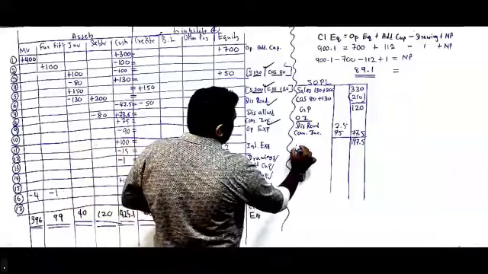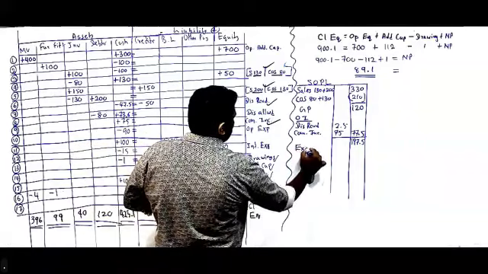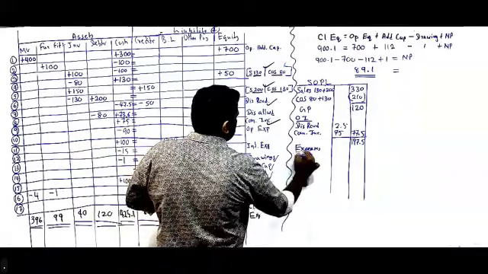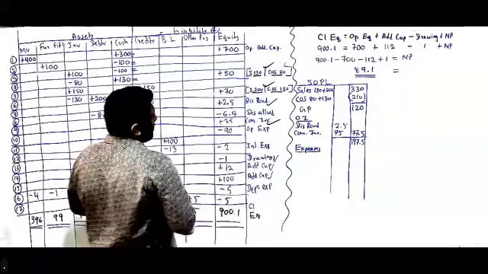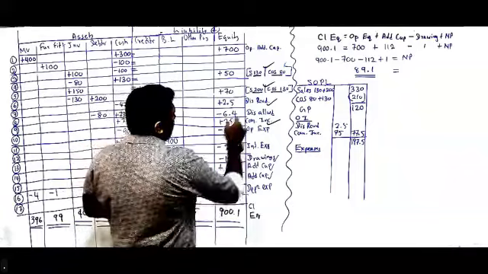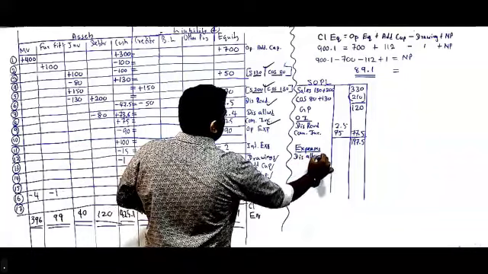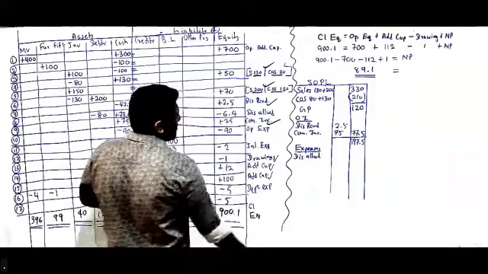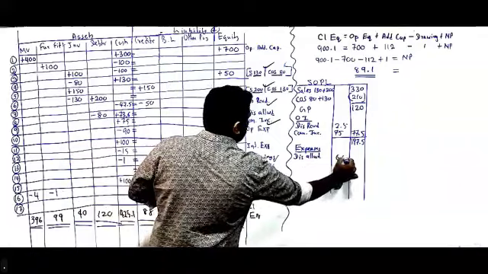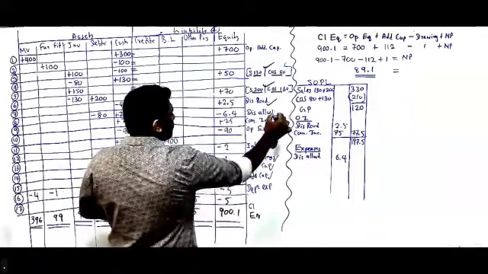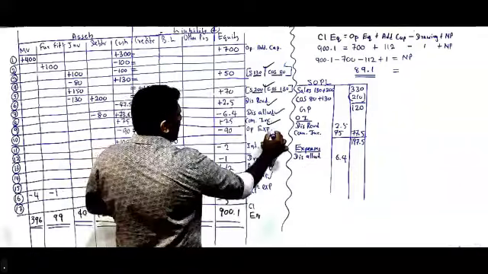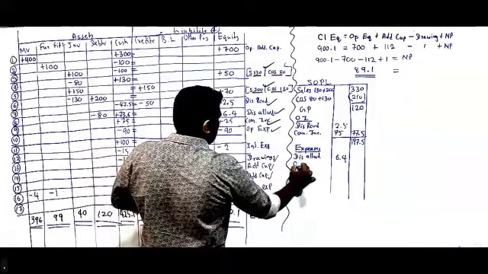Then we can deduct the expenses. Discount allowed expense is there, 6.4. Operating expenses 90.